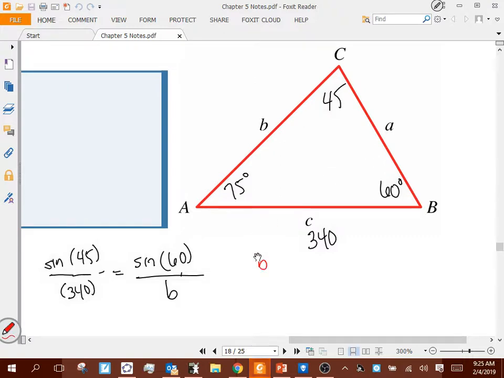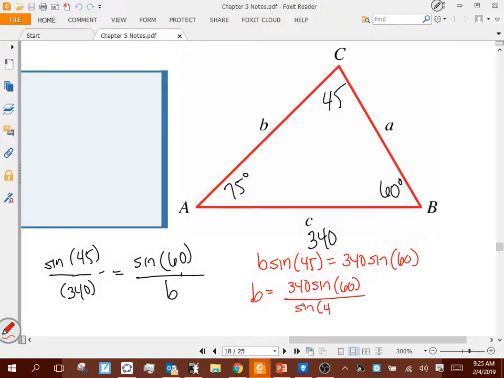So B sine of 45 is equal to 340 sine of 60. And then B is going to be equal to 340 sine of 60 over sine of 45. Is that okay? Okay. Now you're going to grab your calculator.